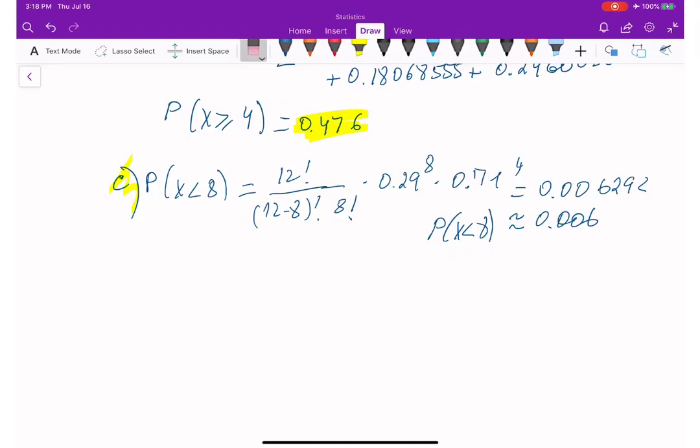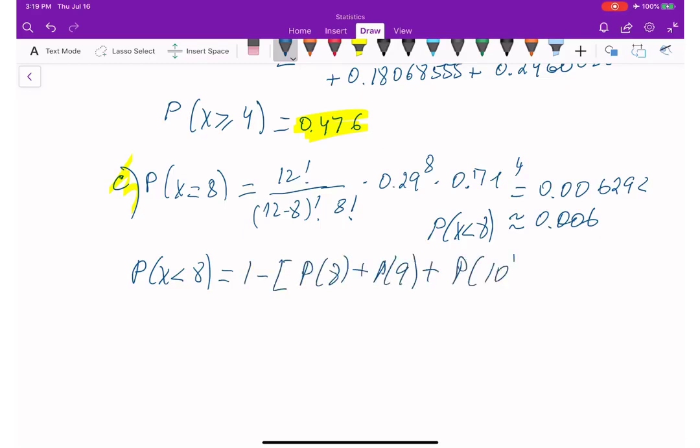So this is what we have, it's equal to 8. Because I plug specifically 8. But to find the probability x is less than 8, I'm going to take 1 minus the probability of 8 plus the probability of 9 plus the probability of 10 plus the probability of 11 plus the probability of 12. Okay.